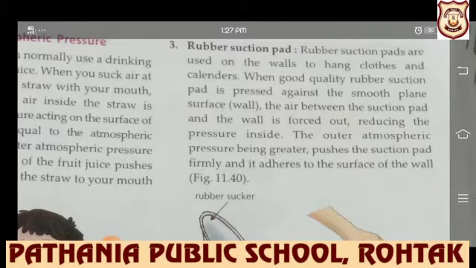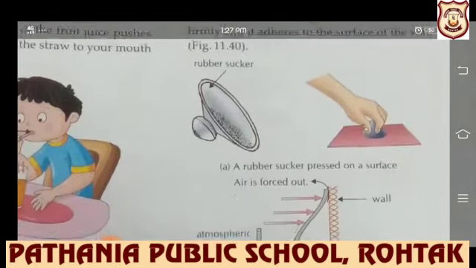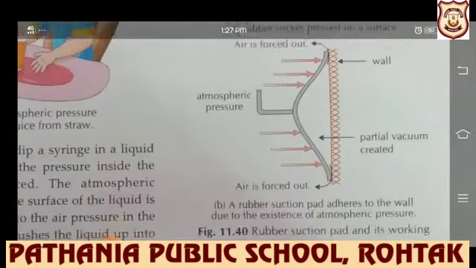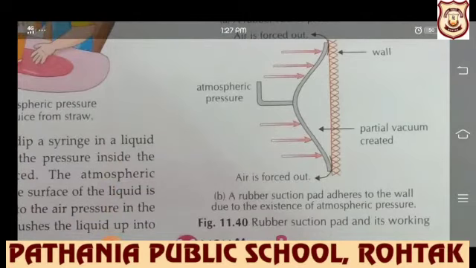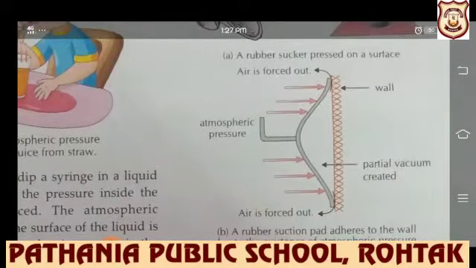The outside atmospheric pressure, being greater, pushes the suction pad firmly and it adheres to the surface of the wall. This is the principle behind this. Whenever these suction pads are forced against the wall, the inside pressure is reduced, and the atmospheric pressure from outside allows the rubber suction pad to adhere to the wall.